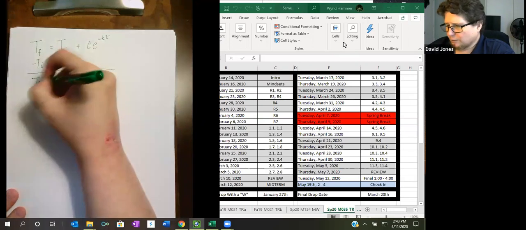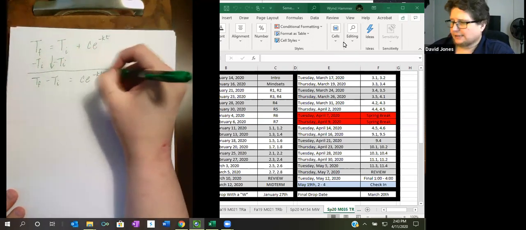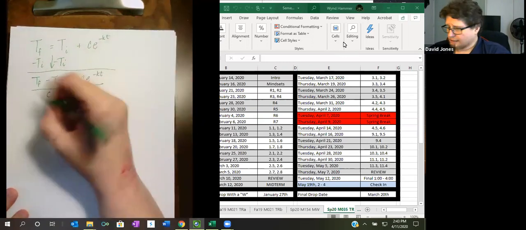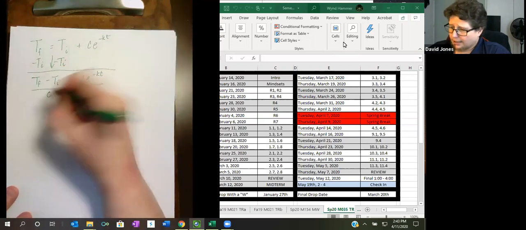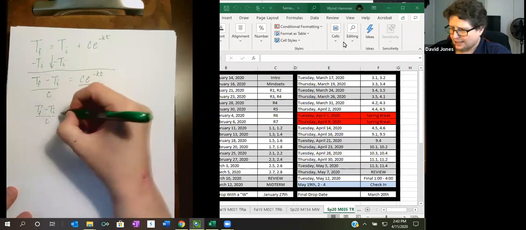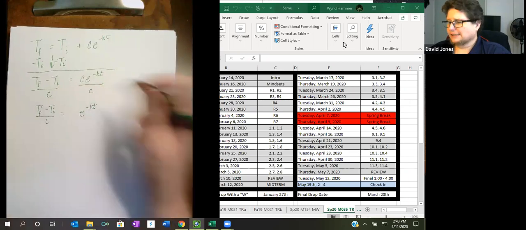You have T final minus T initial equals C e to the negative kt. We divide both sides by C, which is just the coefficient on the exponential, and we get (TF minus TI) over C equals e to the negative kt.